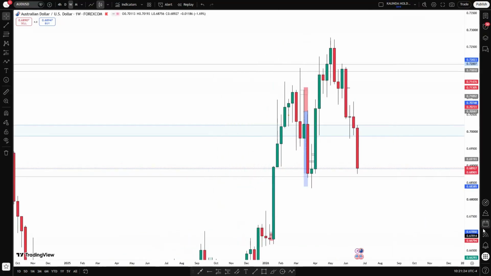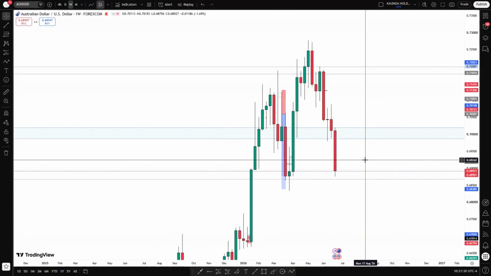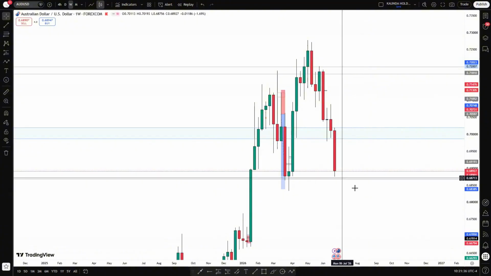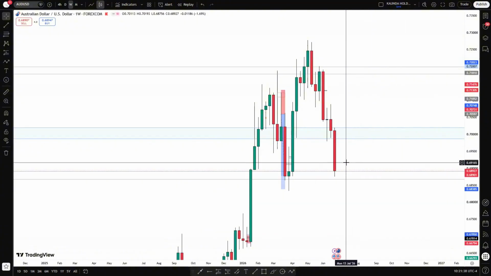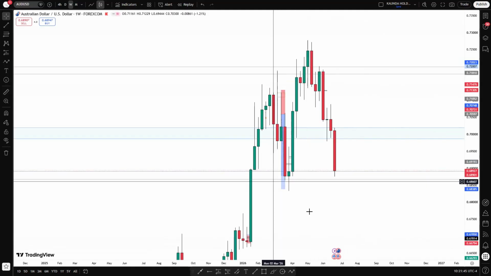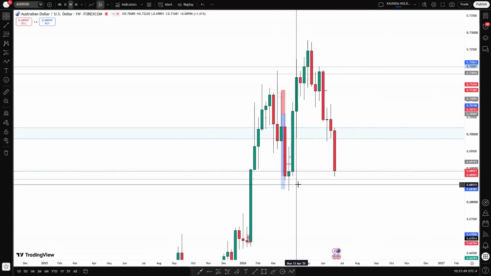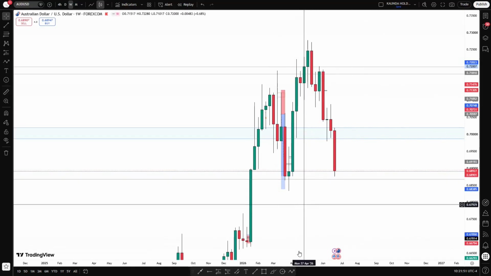Then what happens? Price is at this point. When price is at this point, I need price to go bullish. But I won't do anything because it's very close to what? Taking out my higher low. So this is a bit risky.